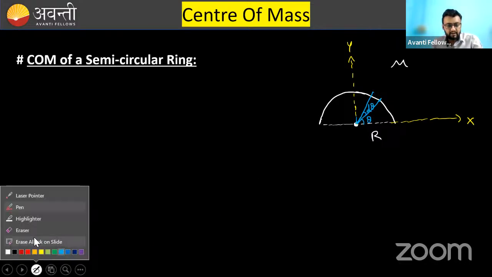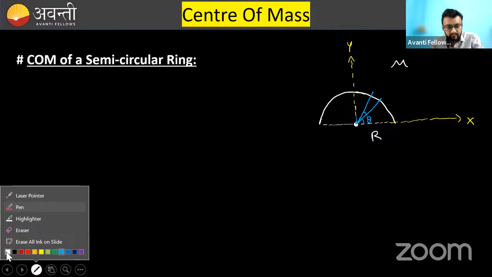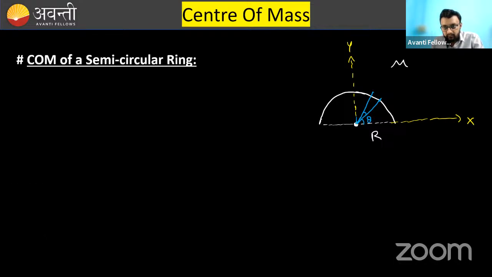If you can't see, I will write it separately. This small angle is d theta. So our small element is this one, AB. By changing theta, you can move the element over the entire ring.